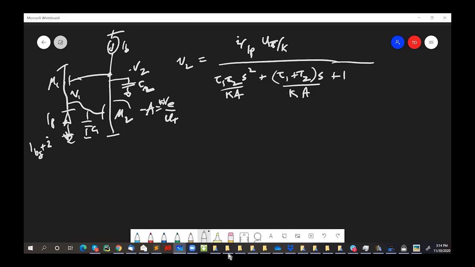And what is tau 1 and tau 2? Tau 1 is the time constant of the input node, which is C1 over the conductance of the input node, which is equal to C1 divided by the conductance looking into M1, right? That's the dominant conductance there. There's no other conductance.